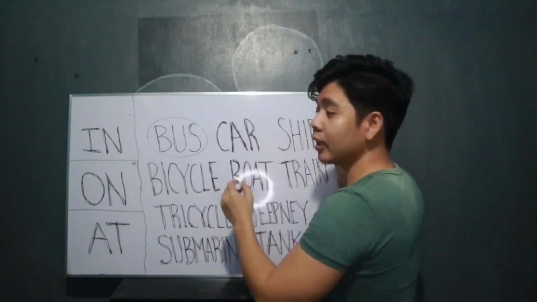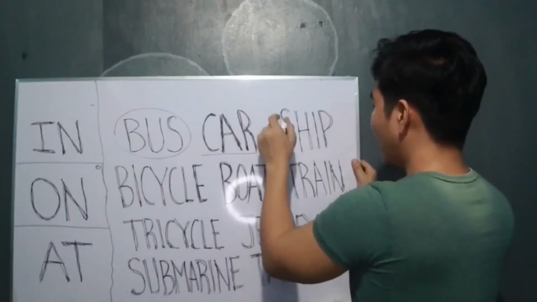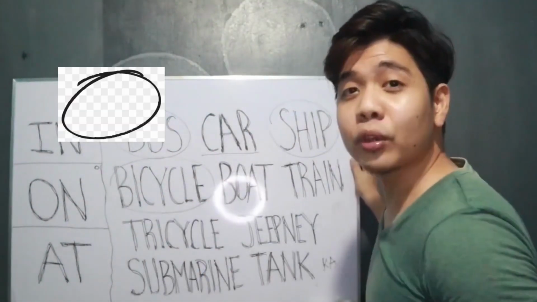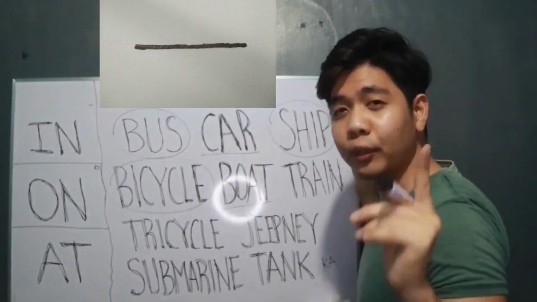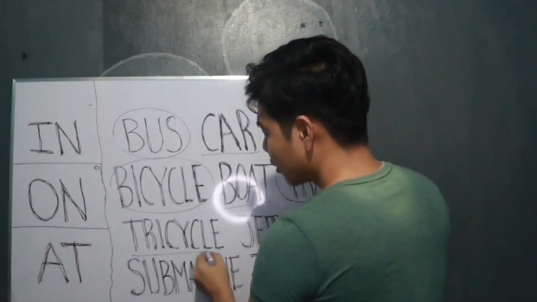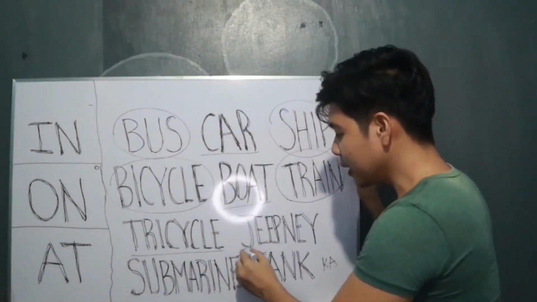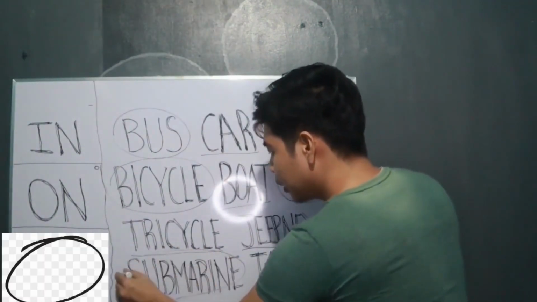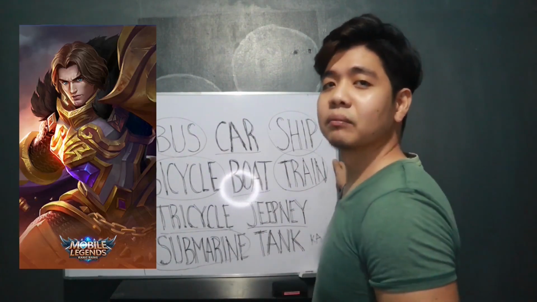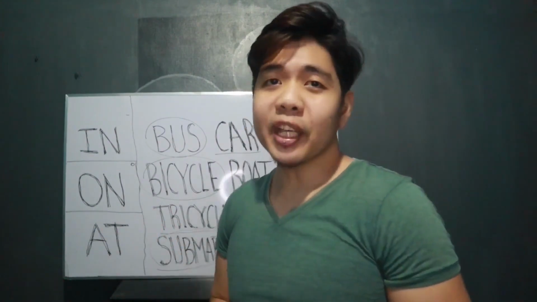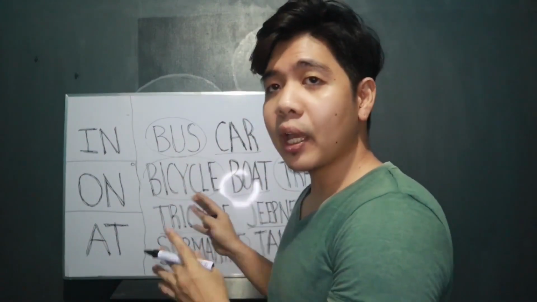So, bibilugan, car, guguhitan, ship, ating bibilugan, bicycle, ating bibilugan, ang boat ay ating guguhitan, train, ating bibilugan, tricycle, ating guguhitan, jeepney, ating guguhitan, submarine, obviously ating bibilugan, tank, ating guguhitan. Ngayon, let me explain why I encircled some of them and I also underlined the rest.